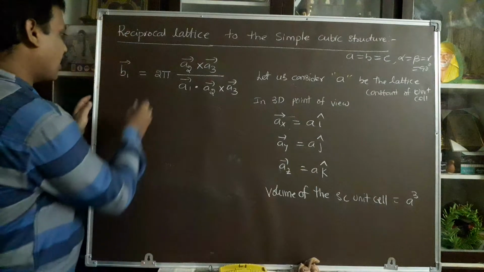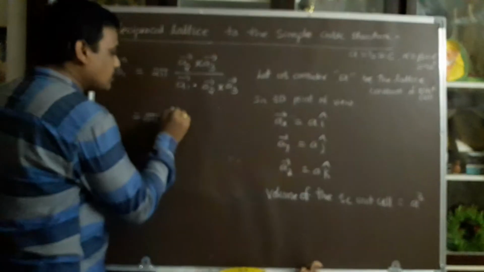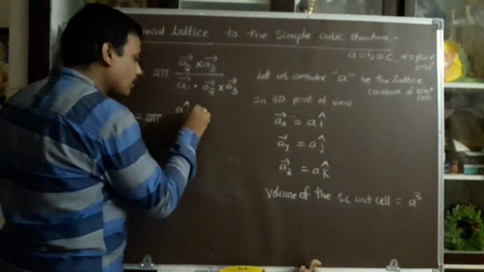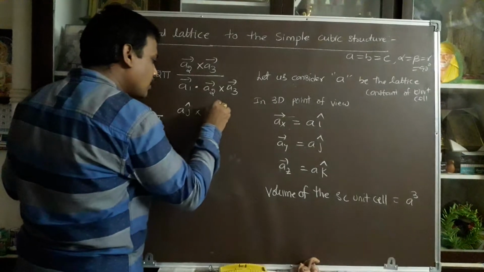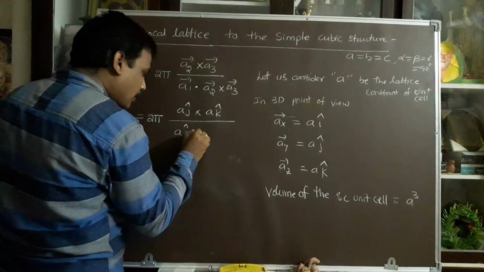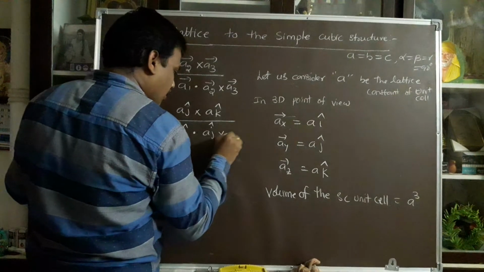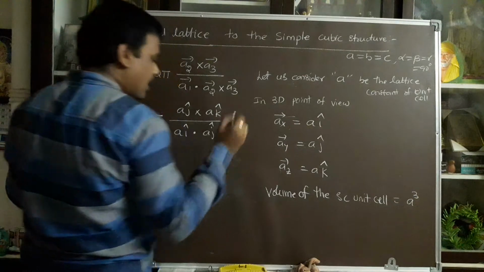In a similar way, I am substituting the values: 2 pi into a j cap cross a k cap divided by a i cap dot a j cap cross a k cap.